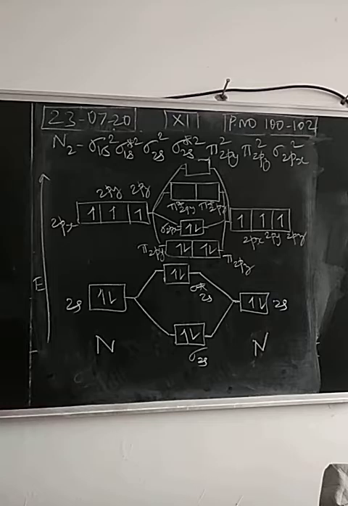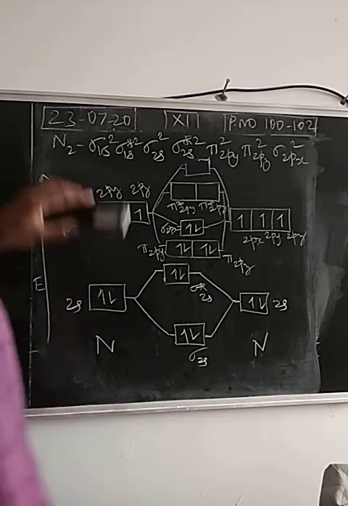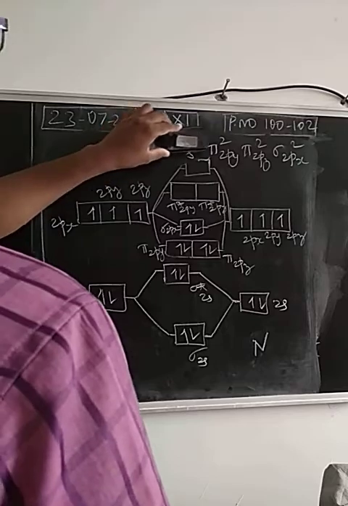So for each nitrogen 7 electrons, totally 14 electrons are placed here. This is the electronic arrangement or configuration for the N2 molecule based on the molecular orbital diagram.